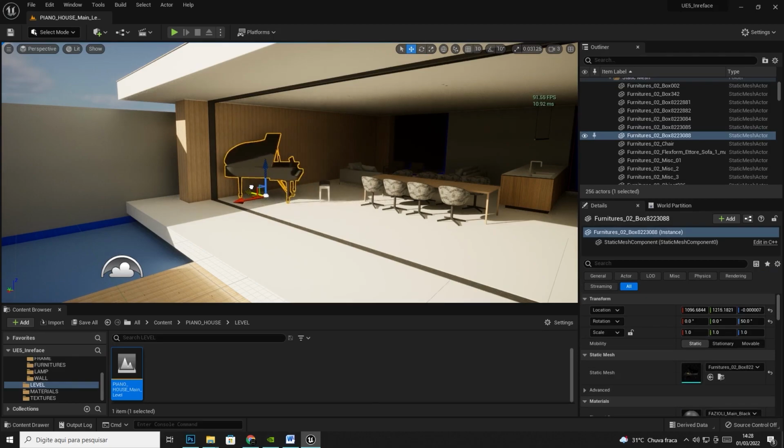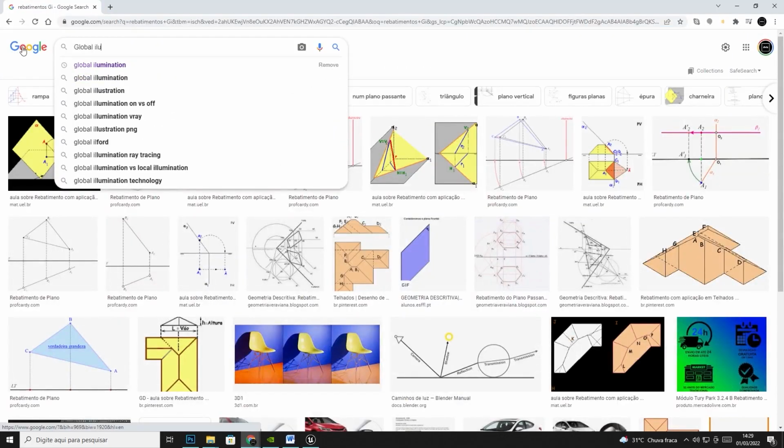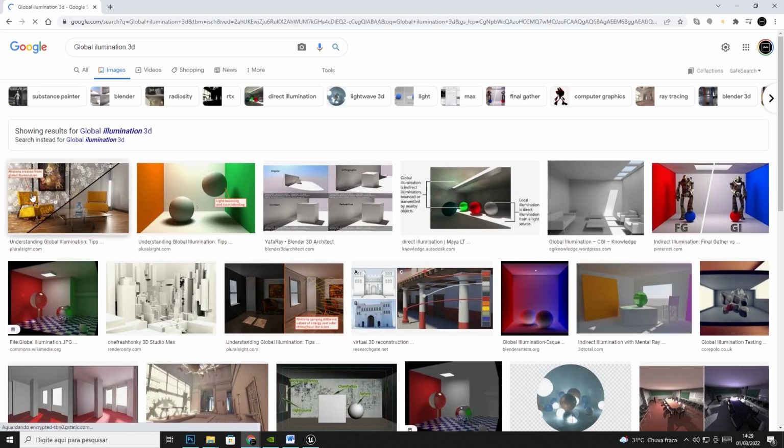So look at this. Can you realize the shadow behind the piano? The light hits here, and it's generating this light here, and also this shadow. For example, if I go here, Google, global illumination, 3D.